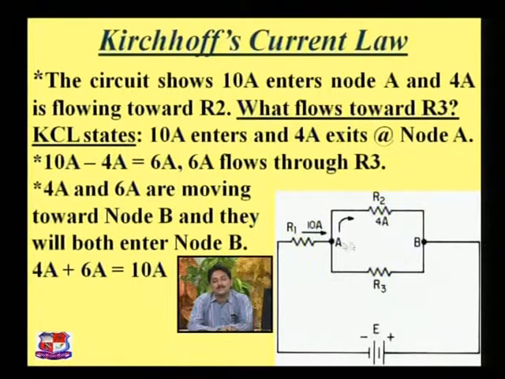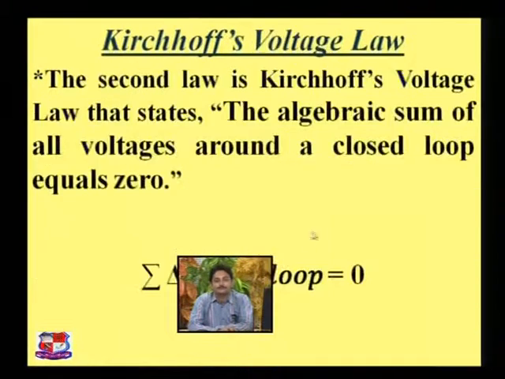Now that 6 ampere also adds to the resistance R2. So ultimately at node B, the total value of the current is 4 ampere plus 6 ampere, that is 10 ampere. So we can easily, using Kirchhoff's current law, or first law, or junction rule, find the value of the current at any node point.